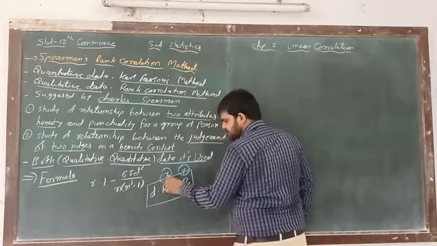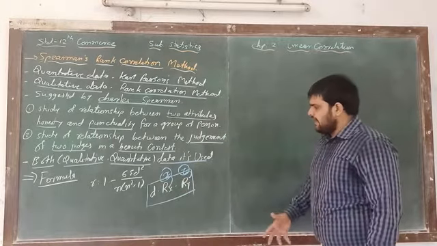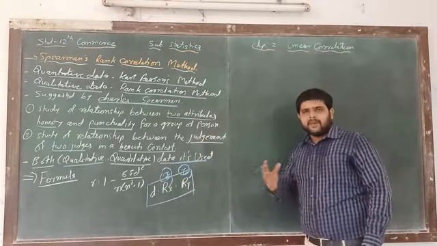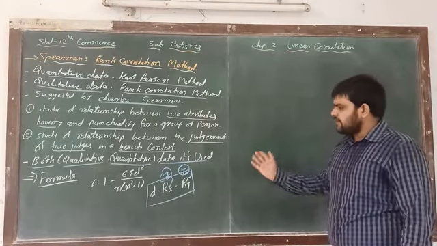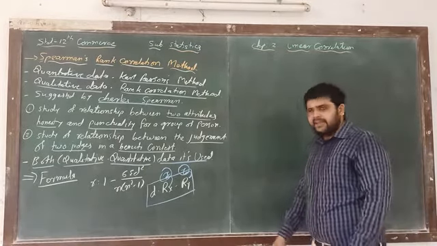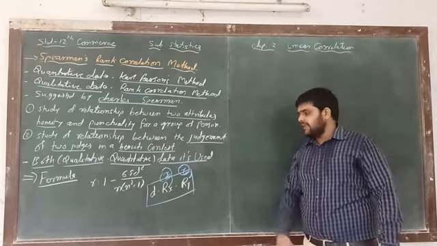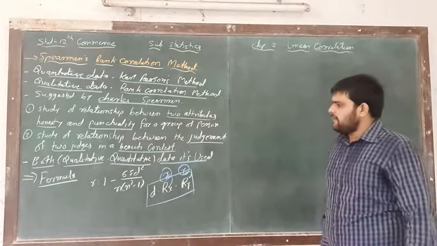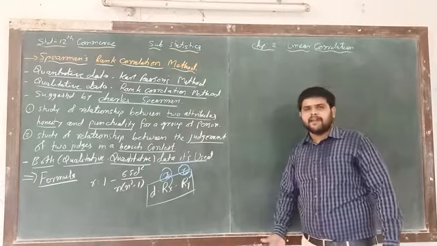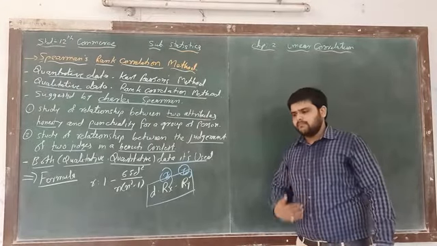Into x we have converted the ranks as Rx, and for y with the help of rank we have converted Ry. Then we find d as Rx minus Ry, and we take the square of d, that is d square. Thereafter, with the help of this formula, we find the value of R, the rank correlation.